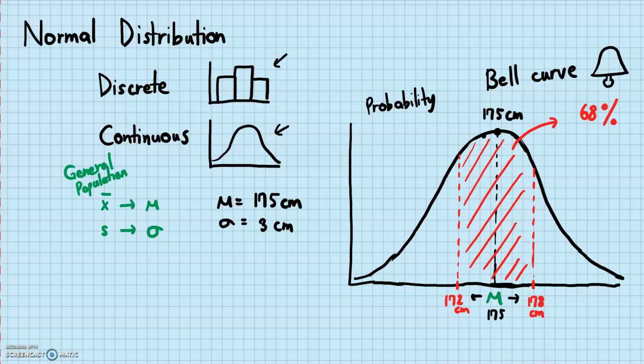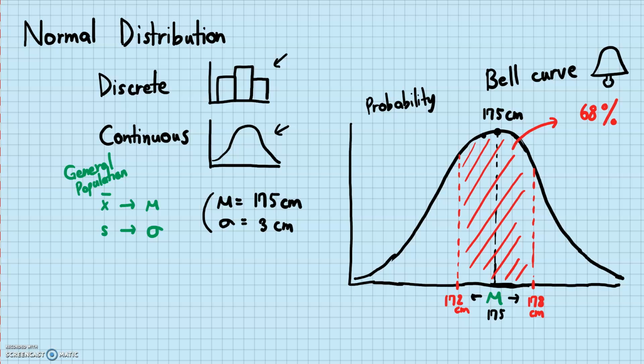Now, this is assuming that our information here is correct, which I don't think it's going to be 100% accurate. I just came up with this information. But if this is correct, then 68% of the people are going to be between 178 and 172 centimeters.